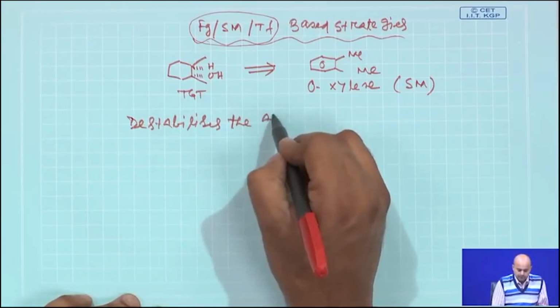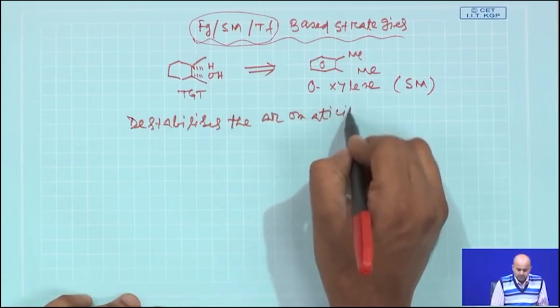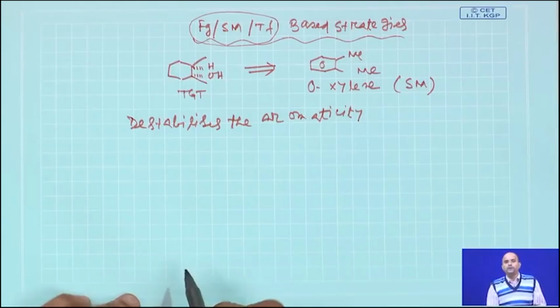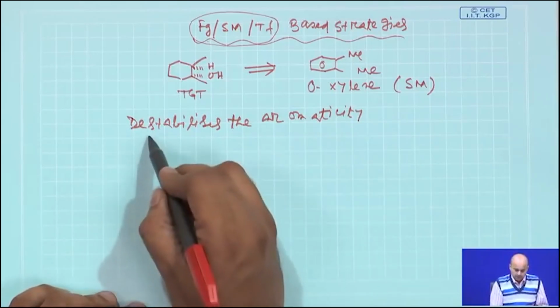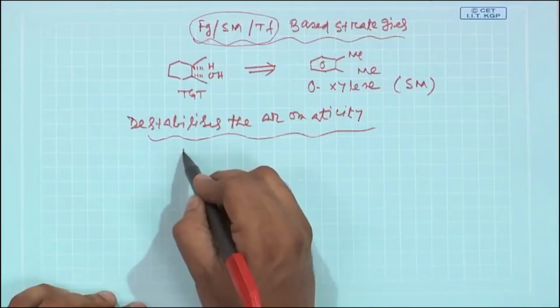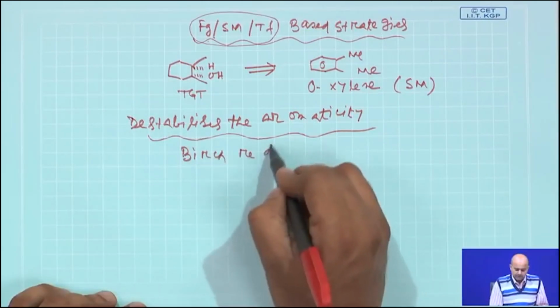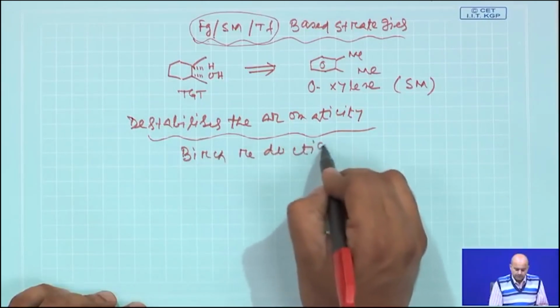There are very few known name reactions which allow this, and one of the classic reactions is Birch reduction, which does the trick.